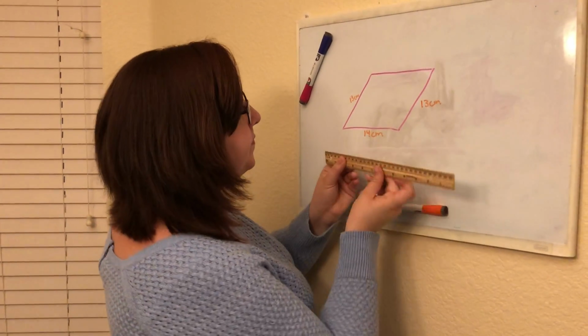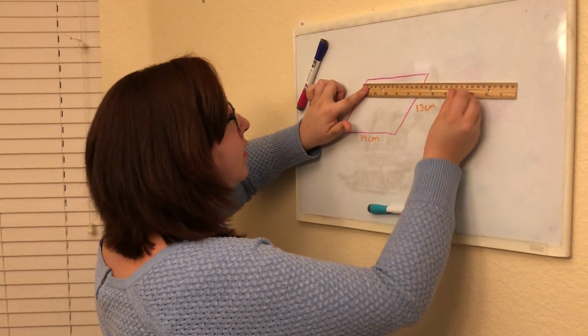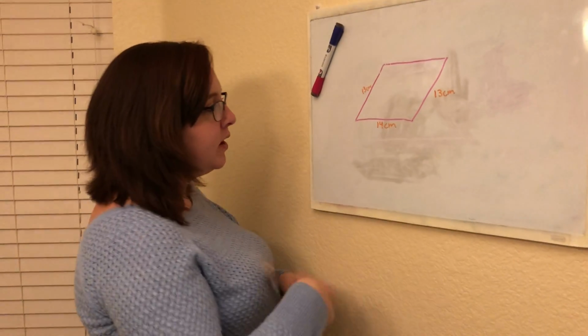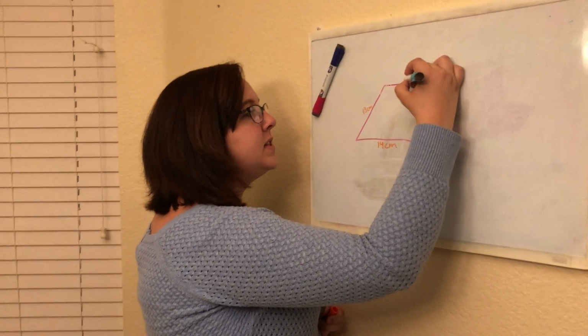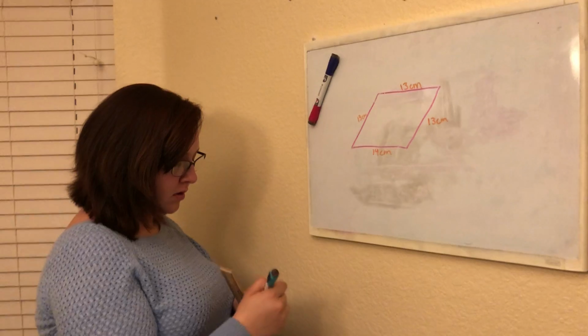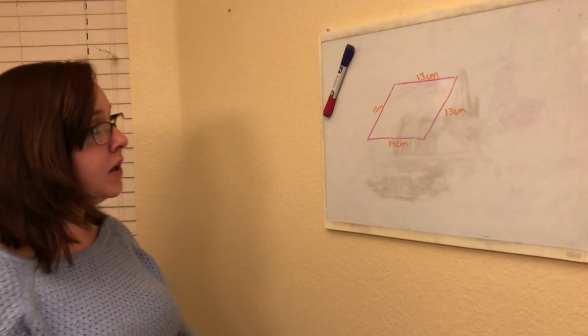Let's see. Yep, it's 14. Can anybody tell me why all the sides seem the same? Like a rectangle? Does anybody remember that?